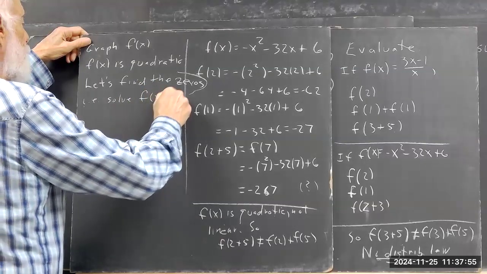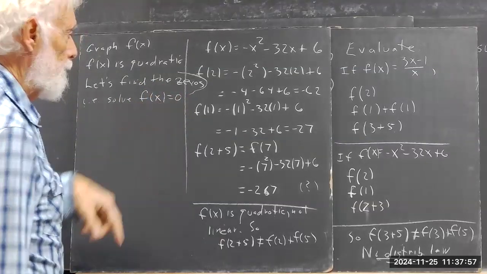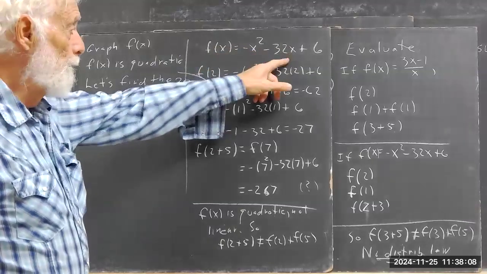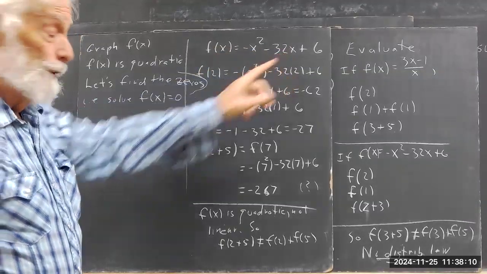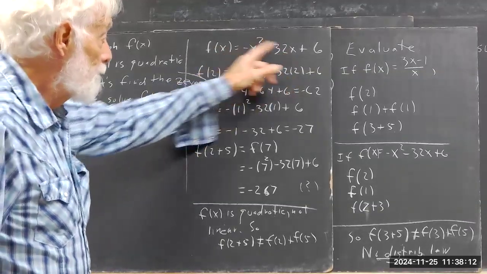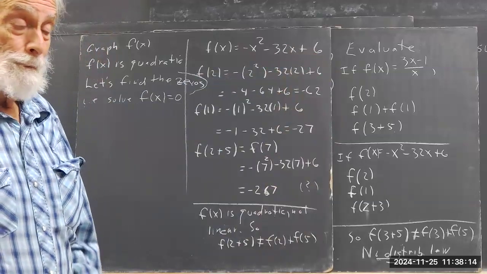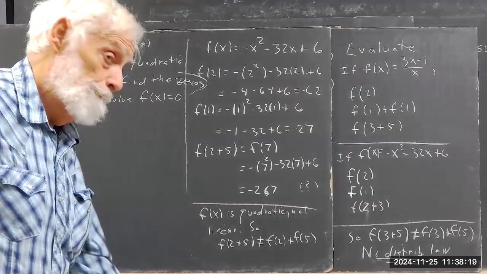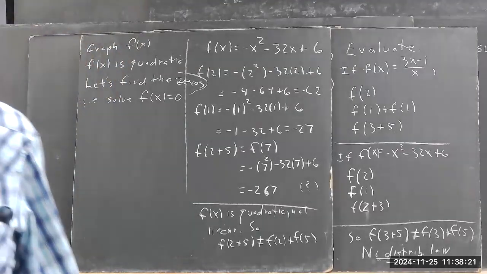I put this in function notation. We want to solve f of x equals 0. So I'm going to ask you to just get a start on that. F of x equals this. So f of x equals 0 means this equals 0, right? And then you can use the quadratic formula because I don't think you're going to factor that.